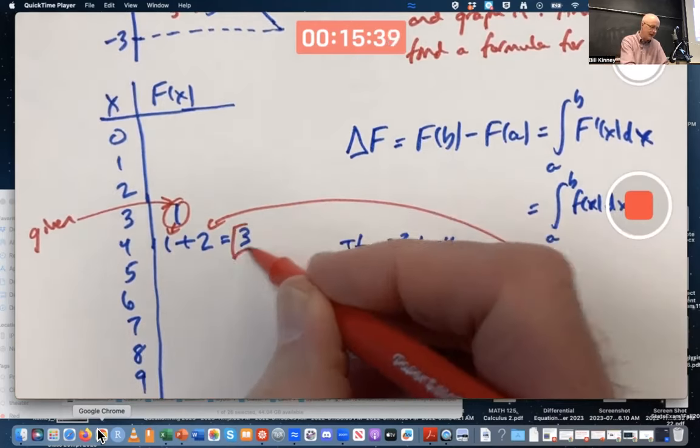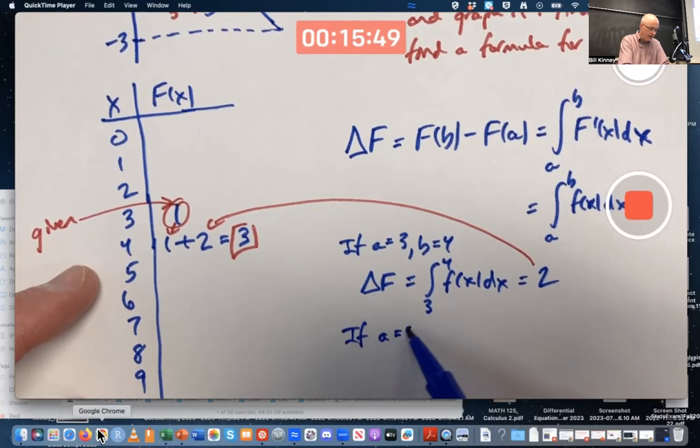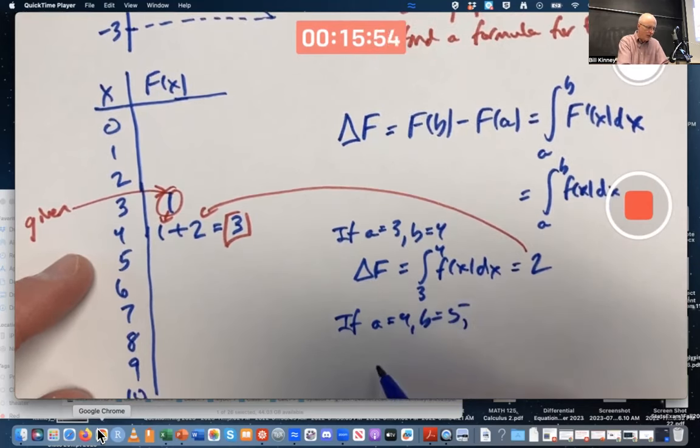What about when x is 5? I won't write it down. Well, maybe I should write this one down. If A equals 4 and B equals 5, so x is increasing from 4 to 5, delta of capital F is the integral of little f, its derivative, from 4 to 5.